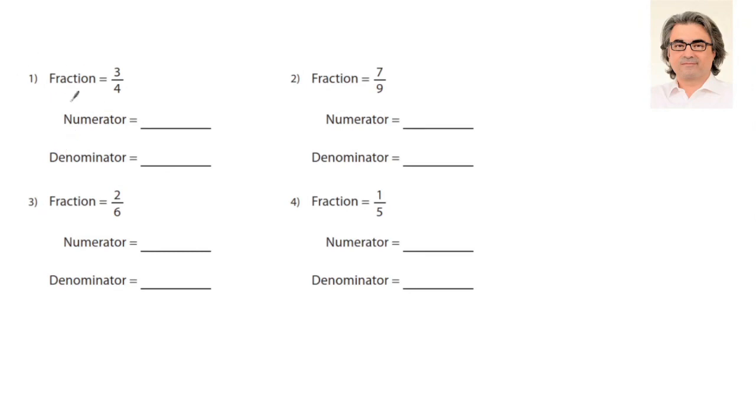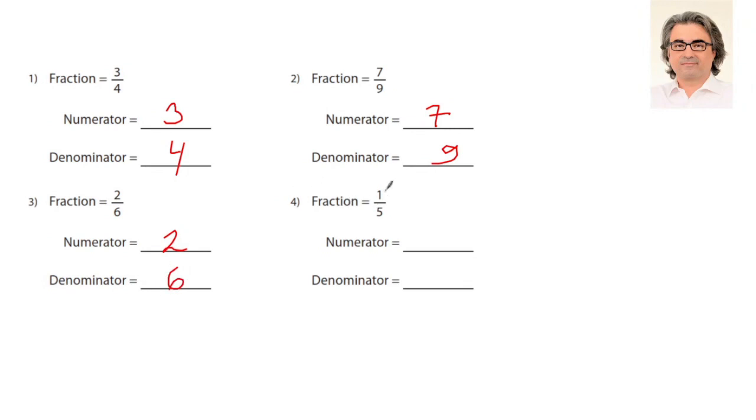In the first example, the fraction given is 3 over 4. What is the numerator? The numerator is 3, the denominator is 4. For the second one, the numerator is 7, the denominator is 9. If your fraction is 2 over 6, the numerator is 2, the denominator is 6.